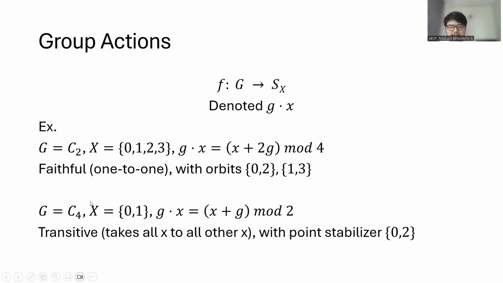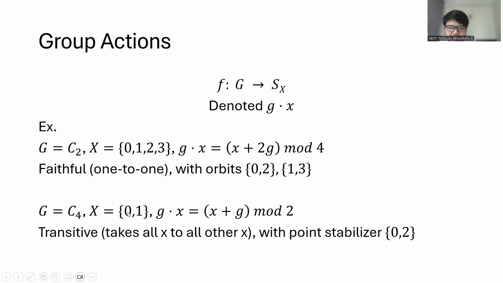Next, if we consider instead the group action of C4 on the set {0, 1} with group action g dot x equals x plus g mod 2, we find that we can call this a transitive group action due to the fact that every element can be taken to some other element using some group element. That is, for every x in X and y in X, there exists an element g of G such that g dot x is equal to y.